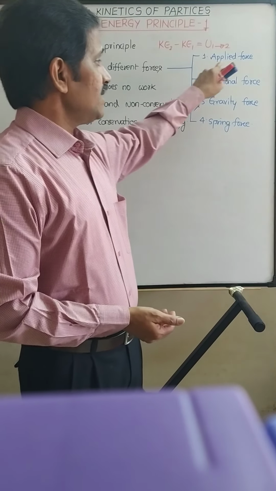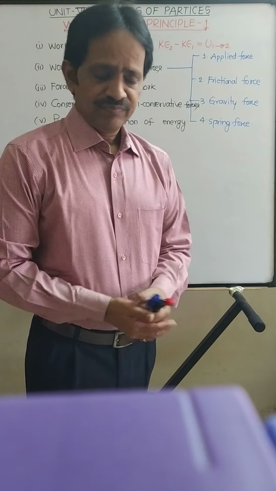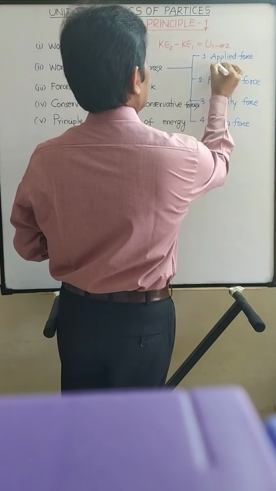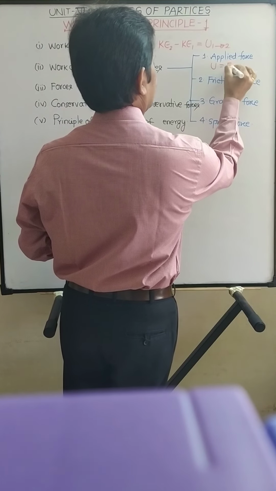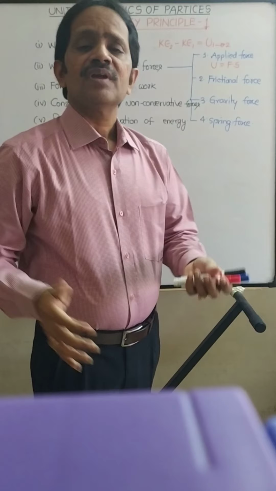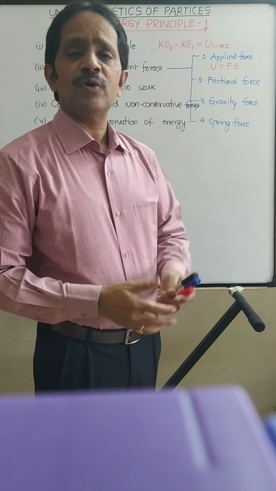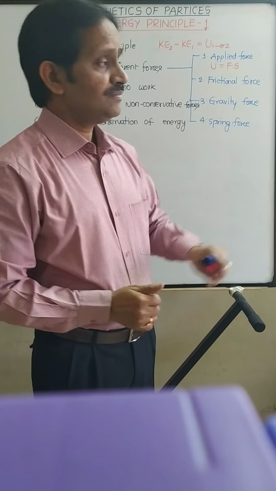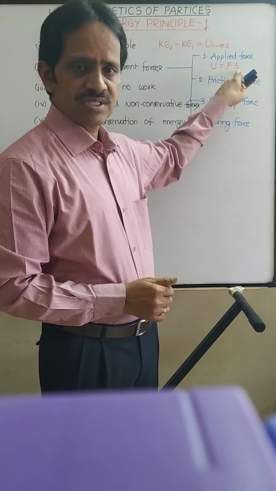Now what is work done by applied force? The work done by applied force is given by force into displacement. If the force is acting on the body and the body is having displacement, the product of force and the displacement in the direction of the force is the work done by the applied force.